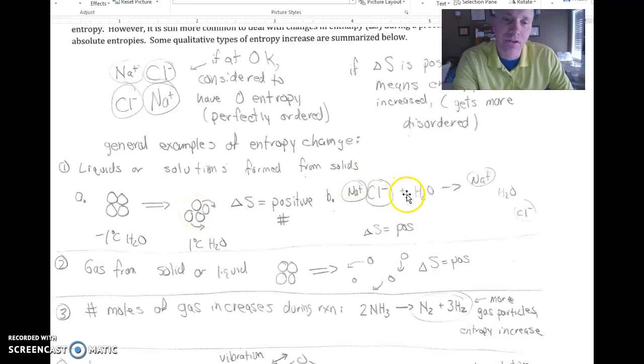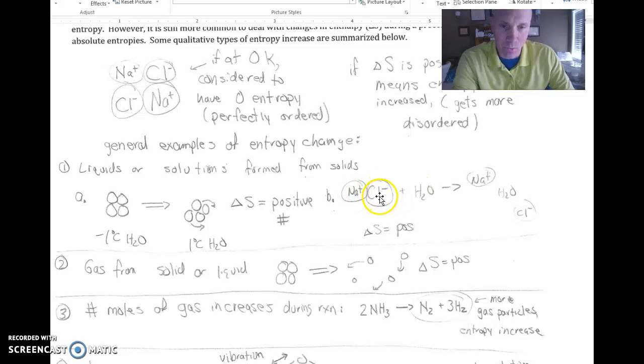All right. Similarly, if we took sodium chloride and we dissolve it in water. So before you have your water molecules, which are essentially hydrogen bonding to each other, but you've got your crystal of salt, which is ordered in that crystal lattice structure. And I didn't draw the full lattice, but it's going to be three-dimensional with that alternating pattern of positive and negative ions.